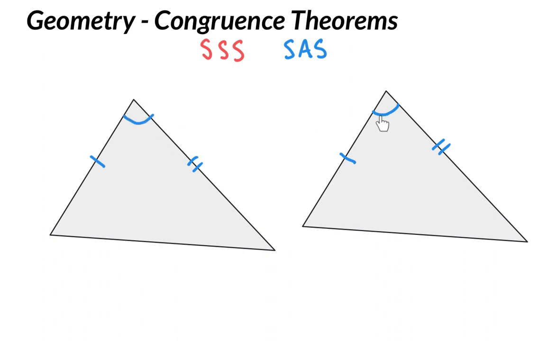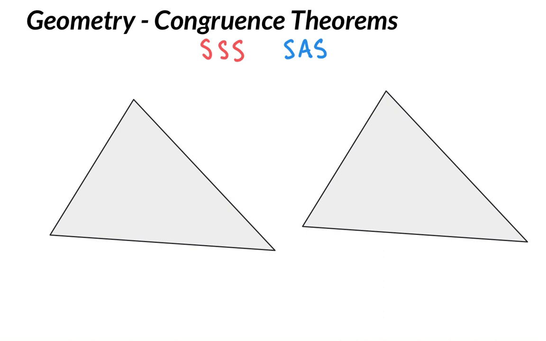Those are the same. And why this works is because if these two sides are the same and this angle, well, we can then figure out the measurement of this side. And it has to be the same over here. So if you have two congruent sides and the angle included inside them is congruent, there's no other way to make a different triangle with that being true. Let's do the next one.